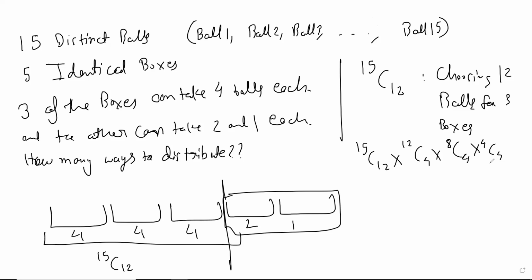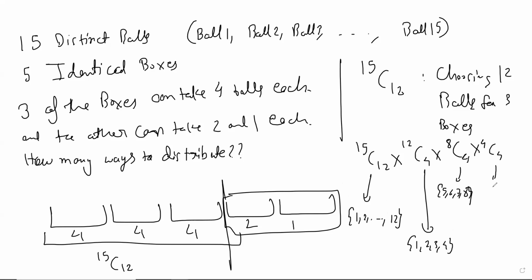After choosing 12 from 15, then giving 4 to the one, 4 to the other. This will not work because, look, suppose in 15 choose 12 you chose 1 to 12, the first 12 balls. And then you decided to give the first box, say, 1, 2, 3, 4. To the second box you gave 5, 6, 7, 8.